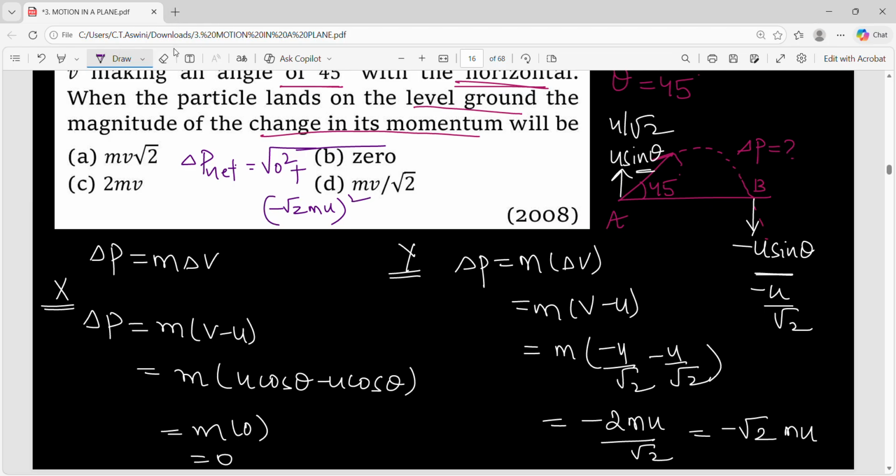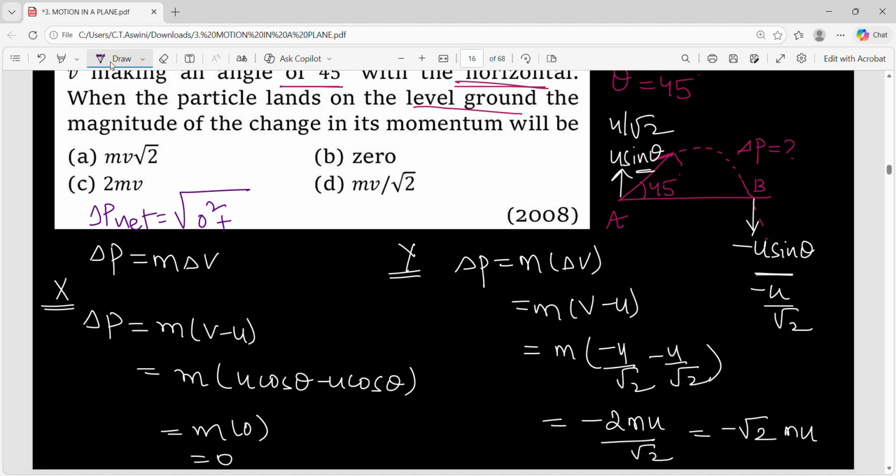Let me rewrite it. Okay, so change in momentum net value is under root x component square 0, plus y component square, minus root 2 mu whole square.